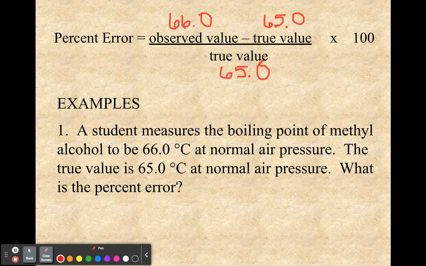So it should be 1.0 divided by 65.0, and that answer we are going to take times 100. What do we get?